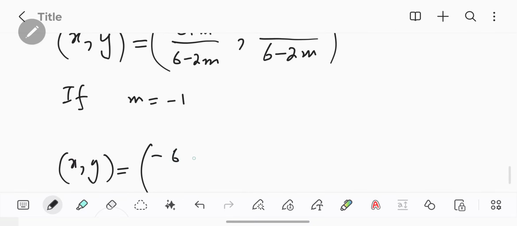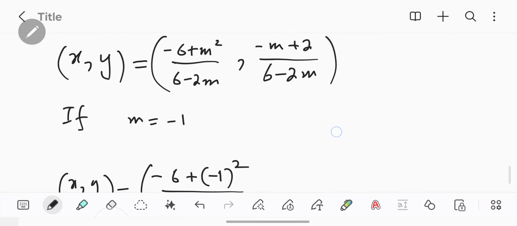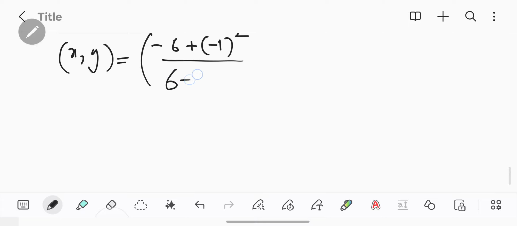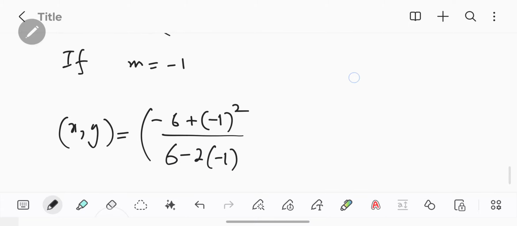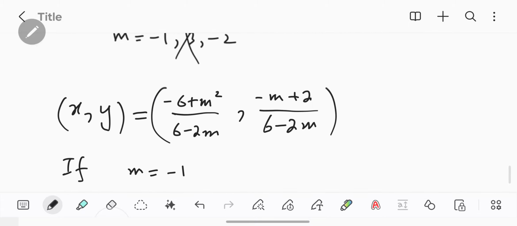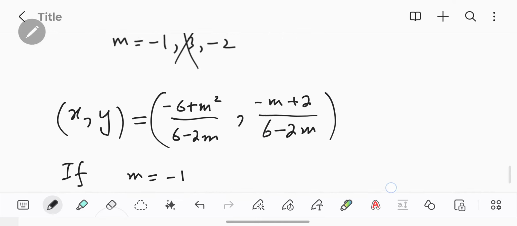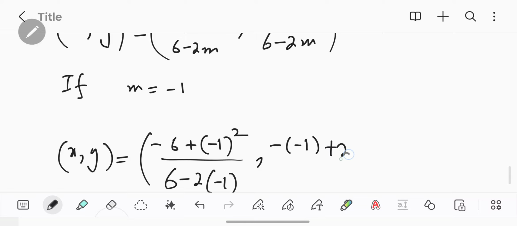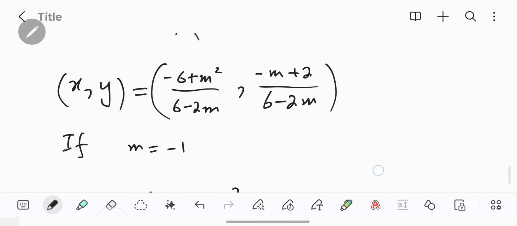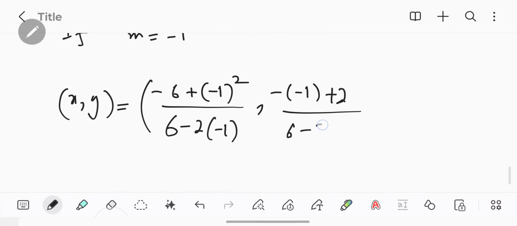So minus 6 minus 1 square over 6 minus 2 minus 1, comma, here I will also put m is equal to minus 1, plus 2 over 6 minus 2 minus 1.